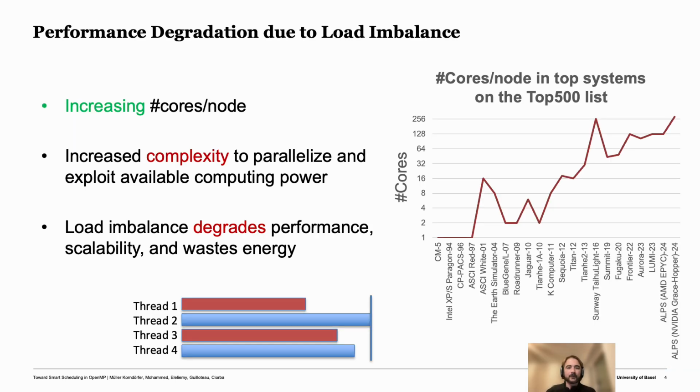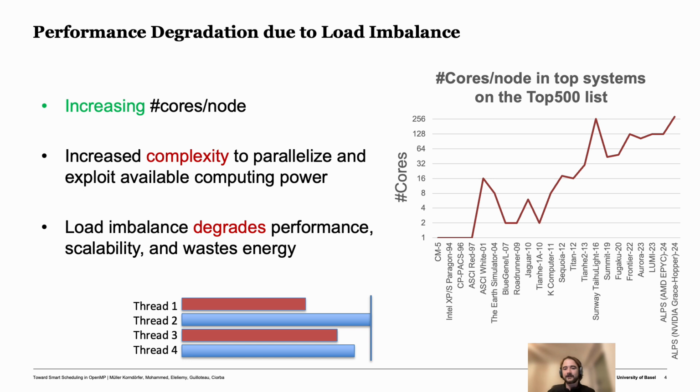Okay, so why do you think it's important to achieve efficient scheduling and load balancing in OpenMP? What we can see in this plot on the right is, in the x-axis, the different systems along the years, and in the y-axis, the number of cores per node in these systems.